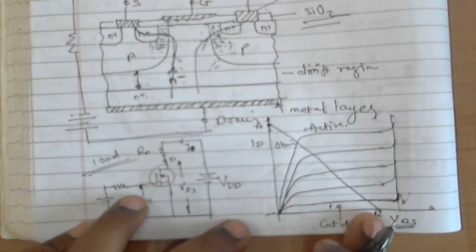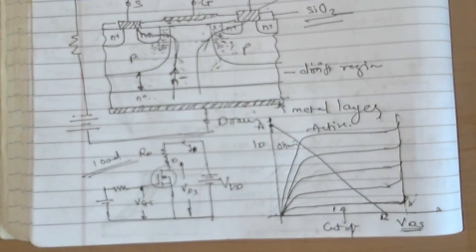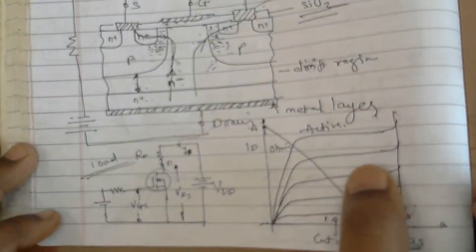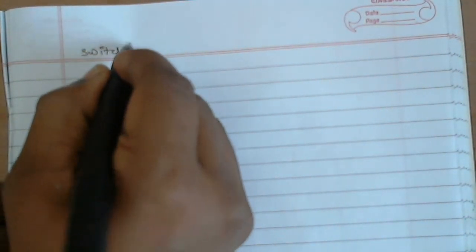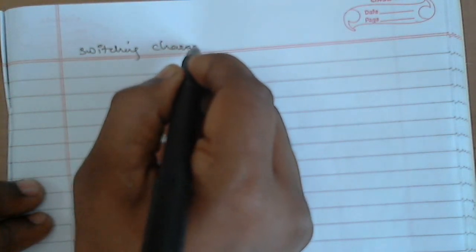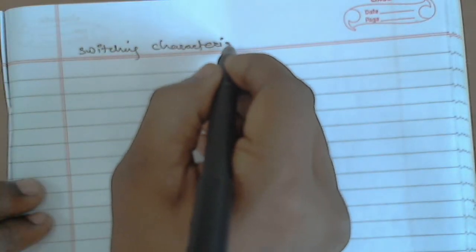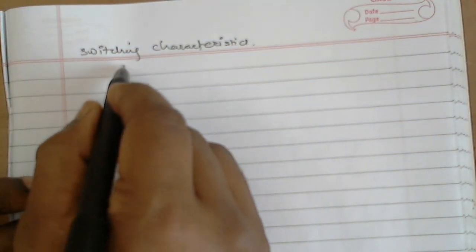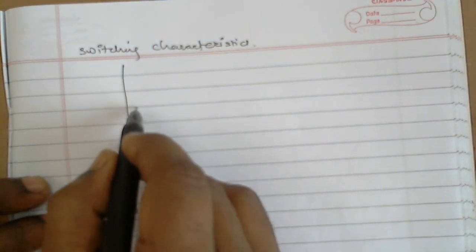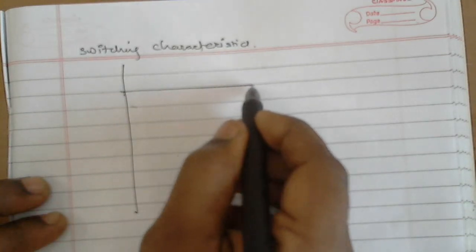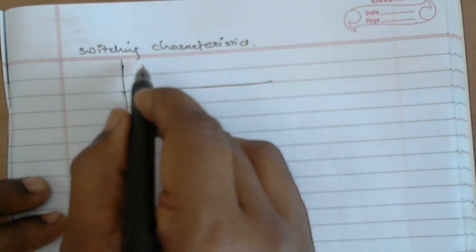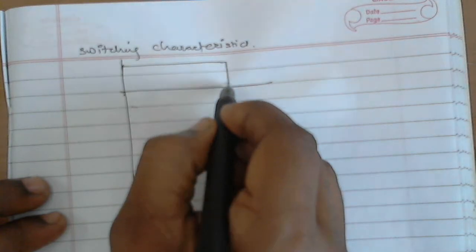Now let's see the switching characteristics, one important point in a MOSFET. Here, the gate voltage is continuously given.